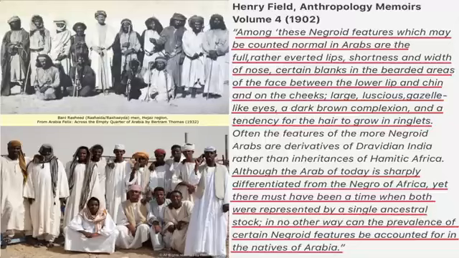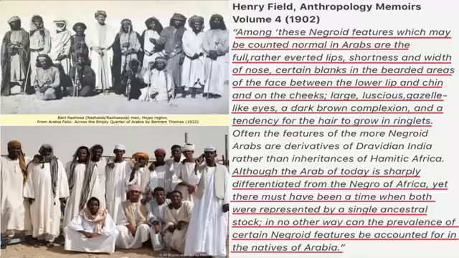And here's the most interesting thing from Henry Field. He says, although the Arab of today is sharply differentiated from the Negro of Africa, yet there must have been a time when both were represented by a single ancestral stock.